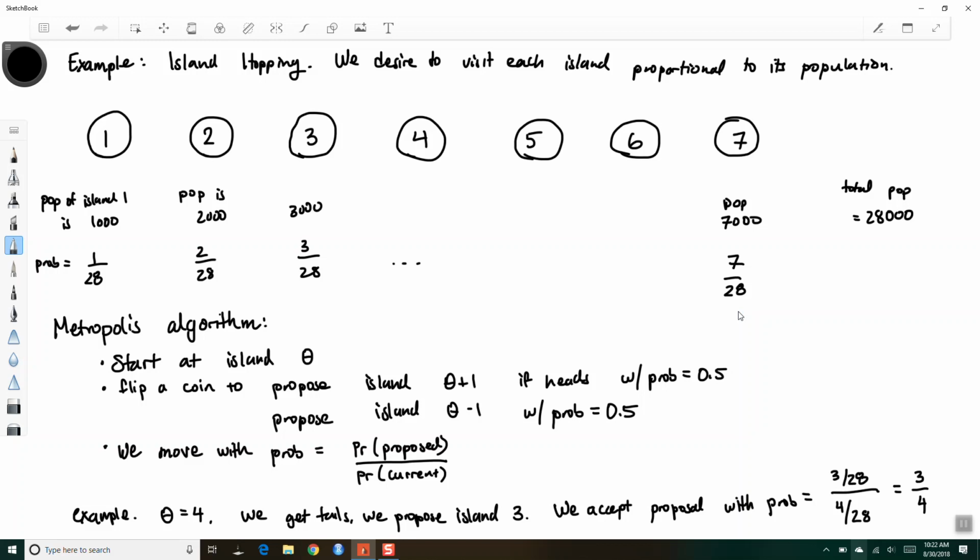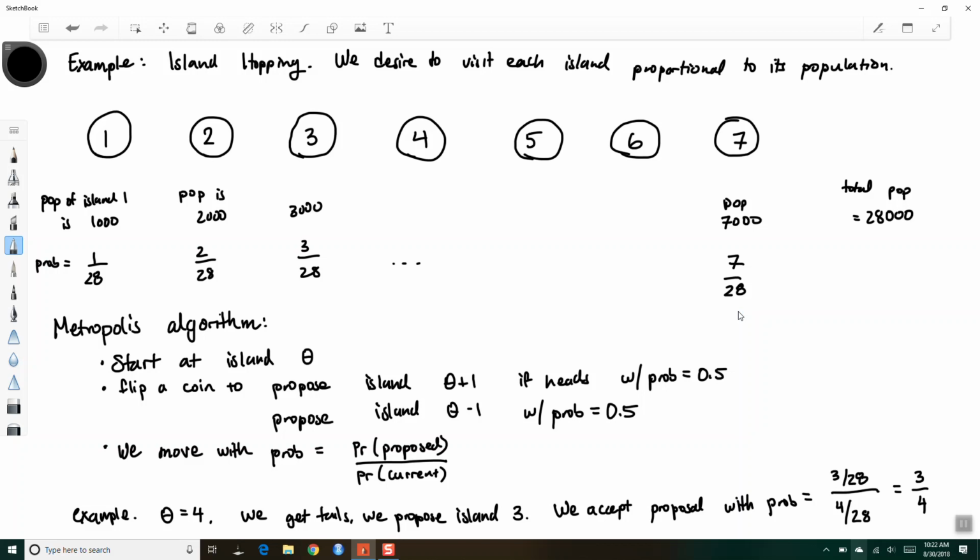Okay? And if you can think back to Bayesian statistics, we often had the situation where the probability of the posterior distribution is the likelihood times the prior divided by the marginal probability, right? And that marginal probability serves as a normalizing constant, and I said that's often difficult to calculate, so we just say it's proportional to the numerator.